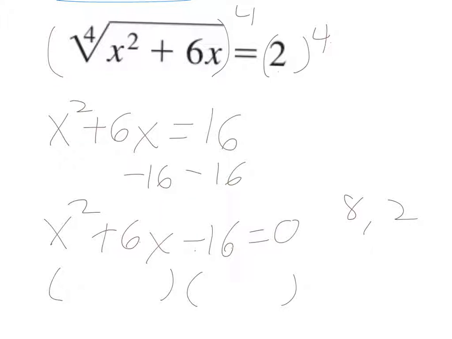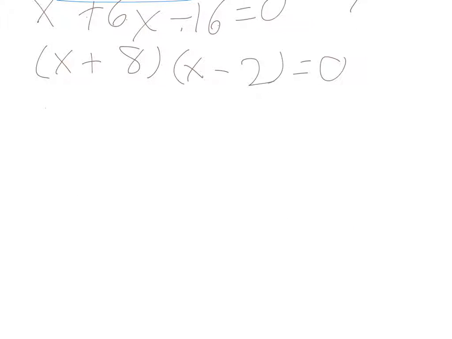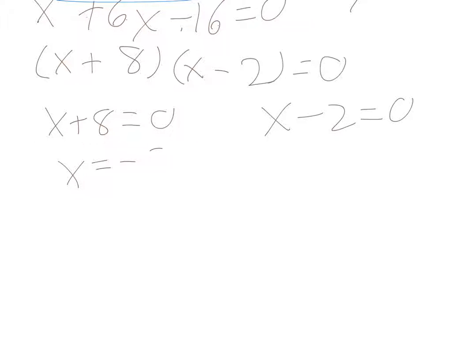We know they're different signs because the second sign is subtraction. And since the first sign is addition, that means the bigger number goes with addition. So that means x plus 8 is equal to 0, and x minus 2 is equal to 0. So x is equal to negative 8, and x is equal to positive 2.